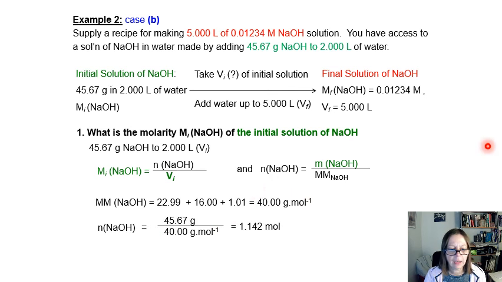So then we can calculate the number of moles of sodium hydroxide, 45.67 divided by 40, and relate that number of moles over the volume, giving us the concentration of our initial solution of sodium hydroxide, 0.5709 molar.